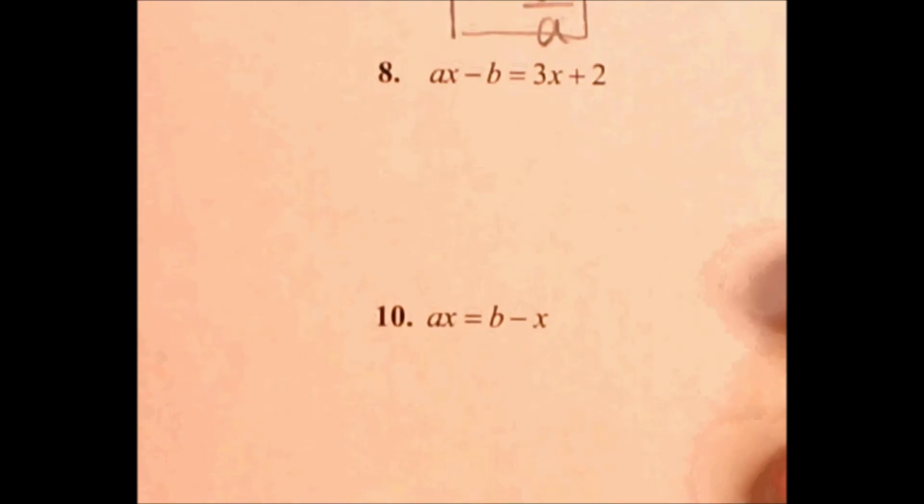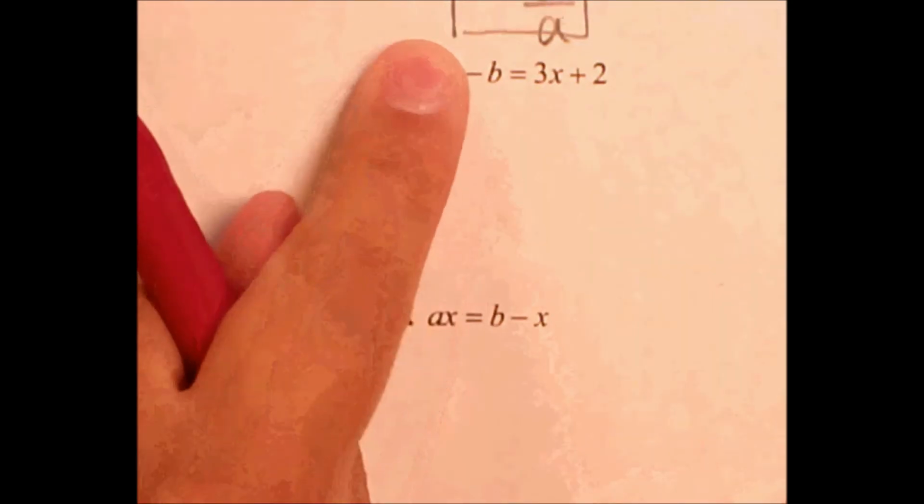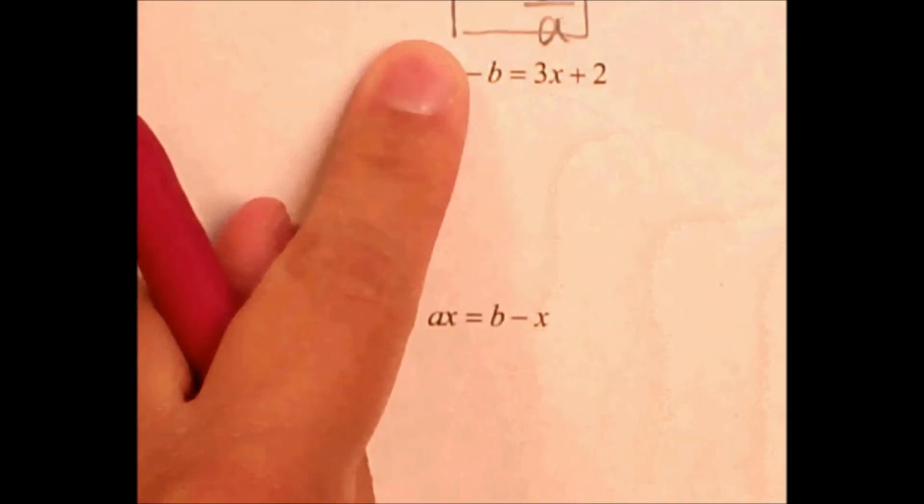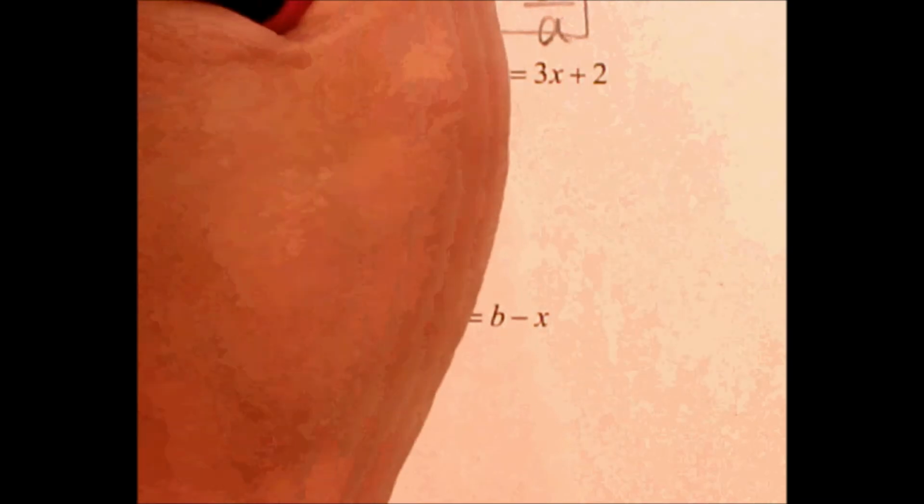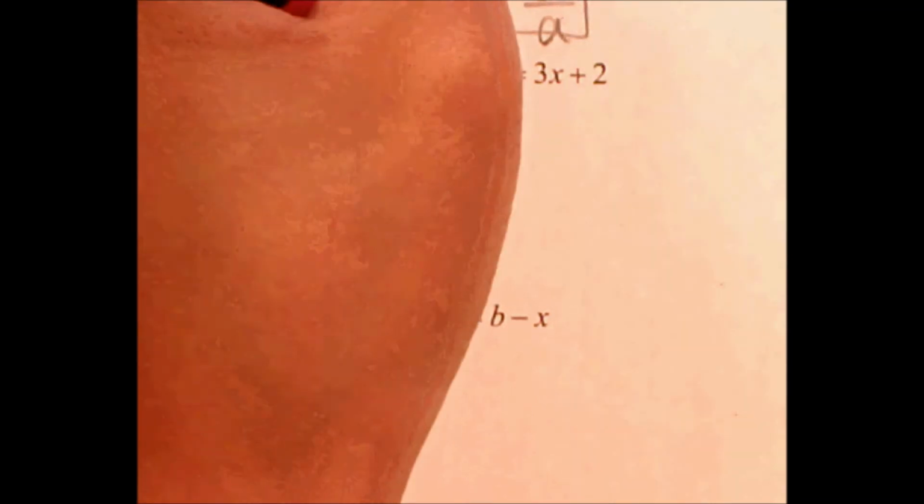Okay, on number 8, again, we're trying to get x by itself. So x is here. What I need to get rid of is that b, so I'm going to add b to each side. When I do that, I'm left with ax equals 3x plus 2 plus b.